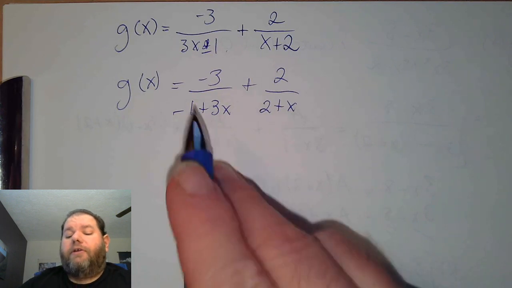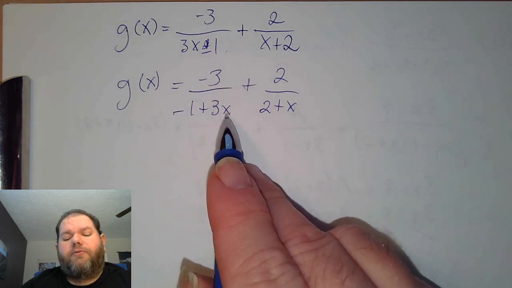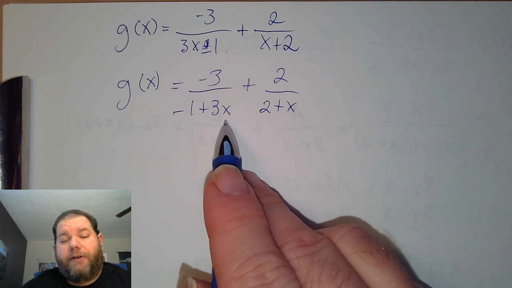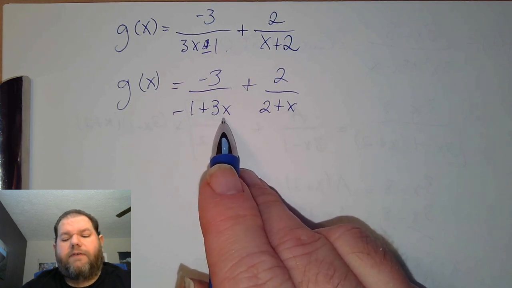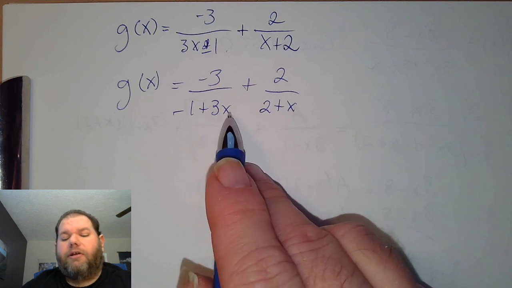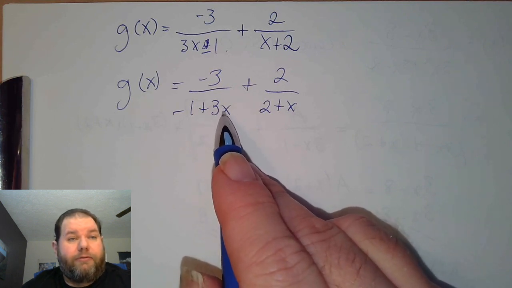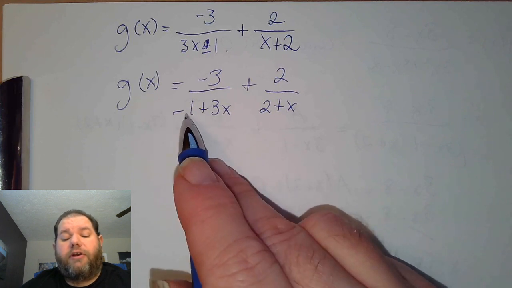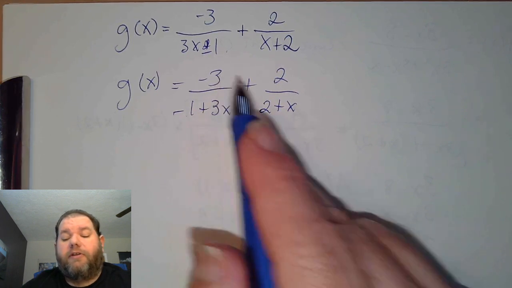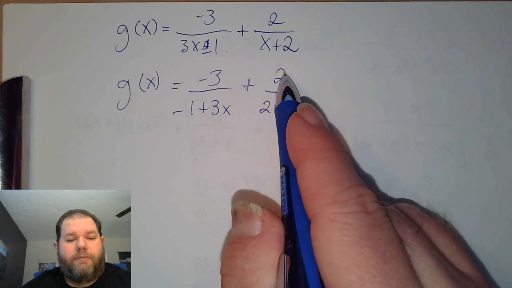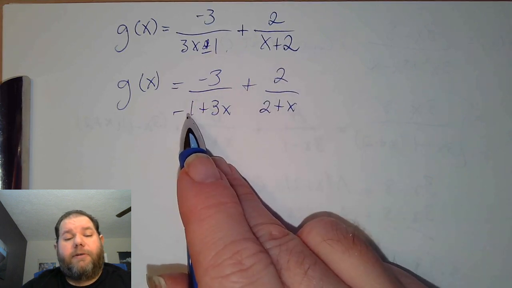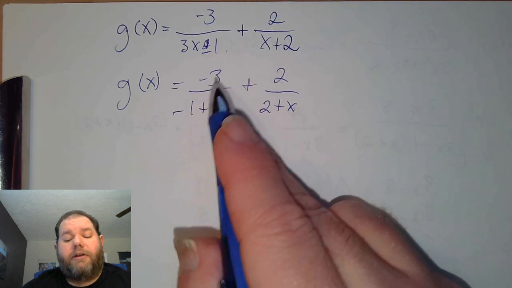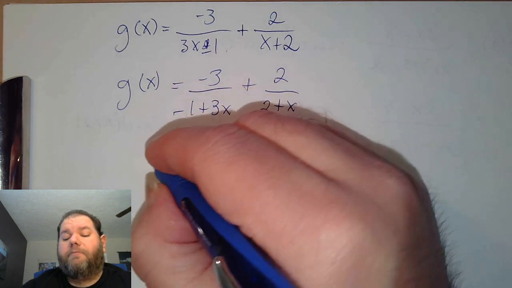So in this first expression, we don't worry about the fact that x is multiplied by 3. That doesn't really affect anything as far as the center being 0. 3 times 0 is still 0. So we just continue trying to get this to be 1 and then this to be 1. And the same here. Now if we want this to be a positive 1, we'll multiply everything by negative 1, top and bottom.